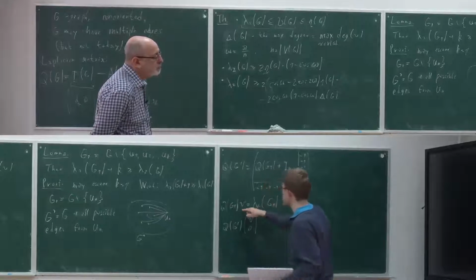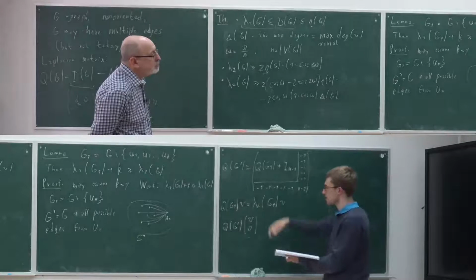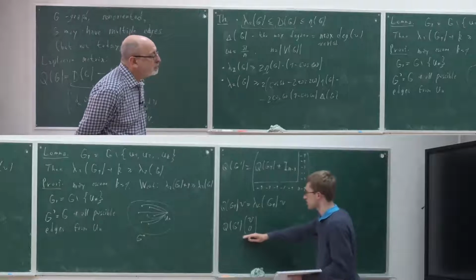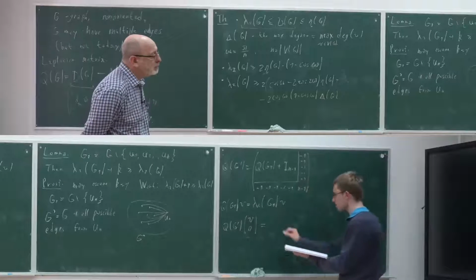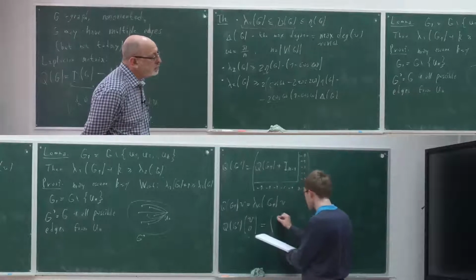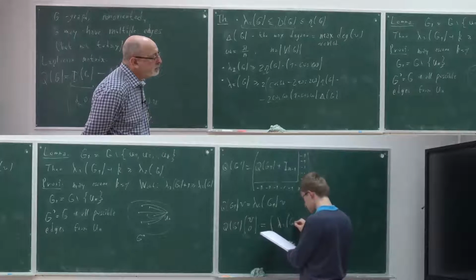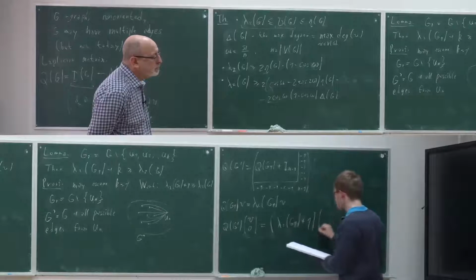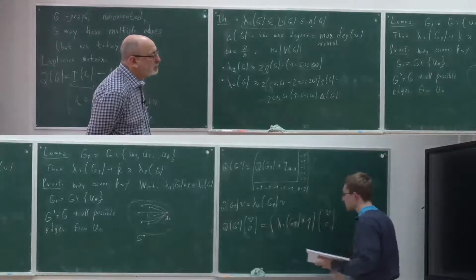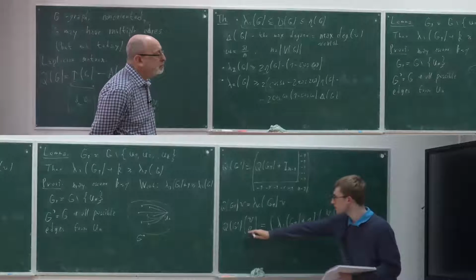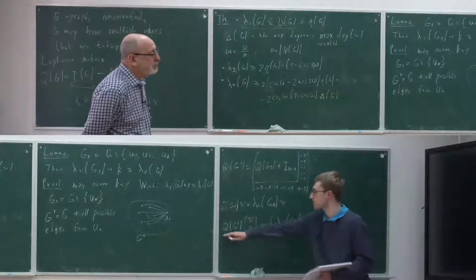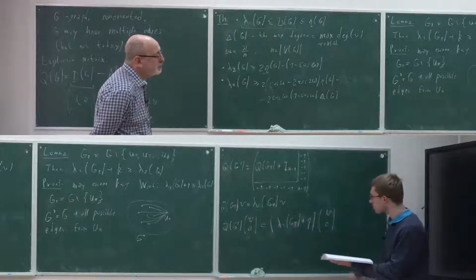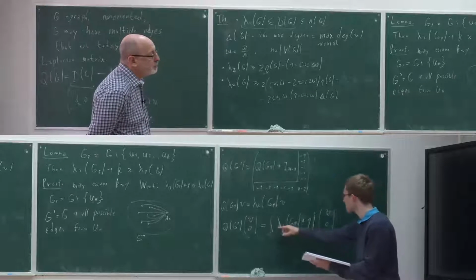So V is the vector of size n minus 1, and I want to write 0 from below and consider this guy. And I claim that it is easy to see that it is the following thing. So in other words, this vector V0 is the eigenvector of the Laplacian matrix of G prime with such an eigenvalue.